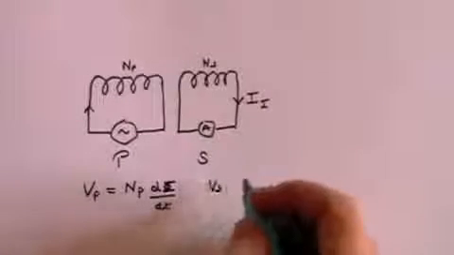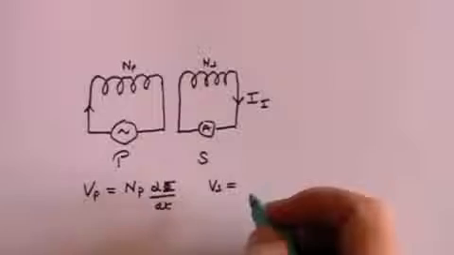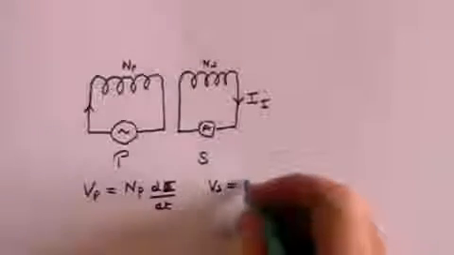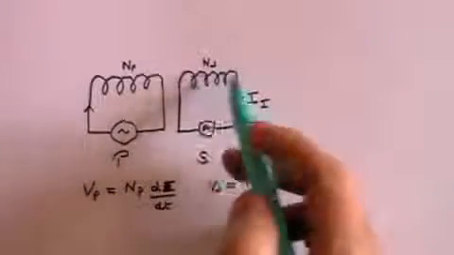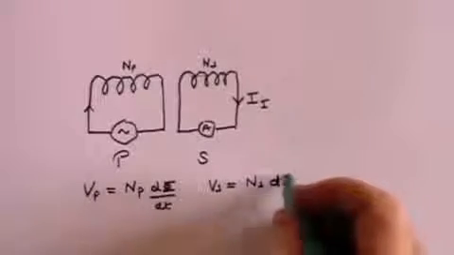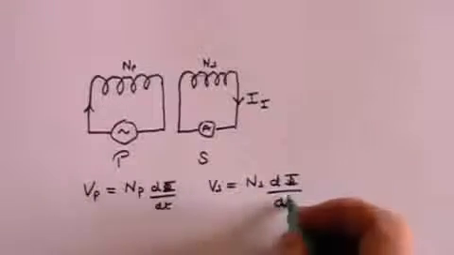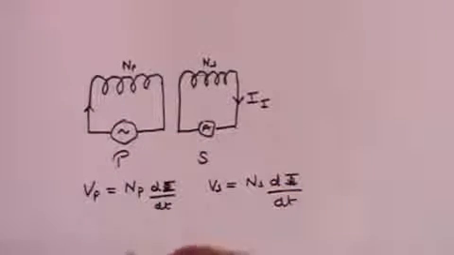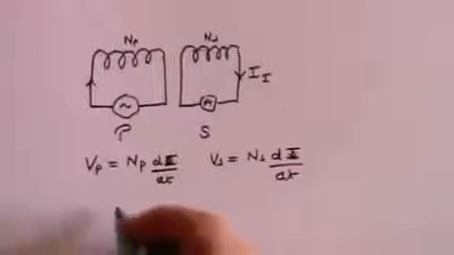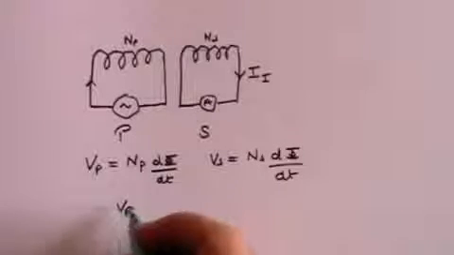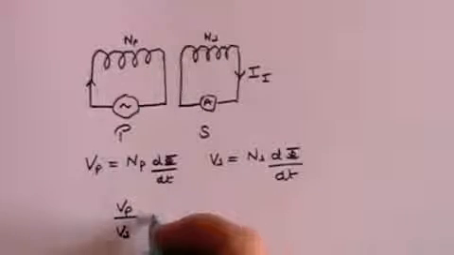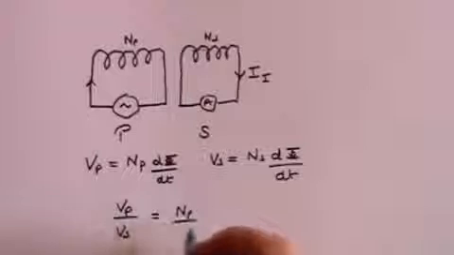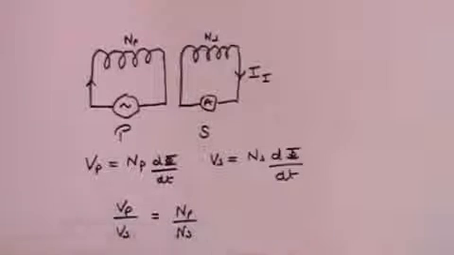The voltage in the secondary, which is an induced voltage, is the number of turns in the secondary times d phi by dt. It's the same d phi by dt because they both apply. And that gives you the formula that Vp divided by Vs is equal to Np divided by Ns.